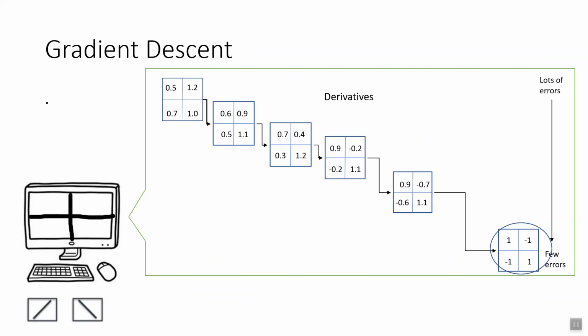Then we use the gradient, which points in the direction in which the error grows the most, so we go in the negative direction, and it gives fewer errors. It decreases the value the most, using steps in the direction of the gradient, until we get to the point where it makes few errors.